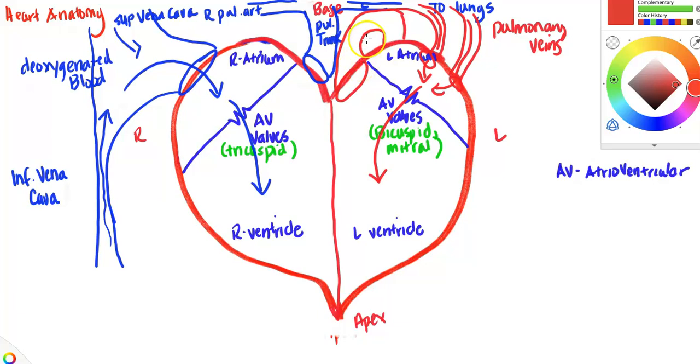So this is the aortic arch. So the arch of the aorta, blood comes up in here.